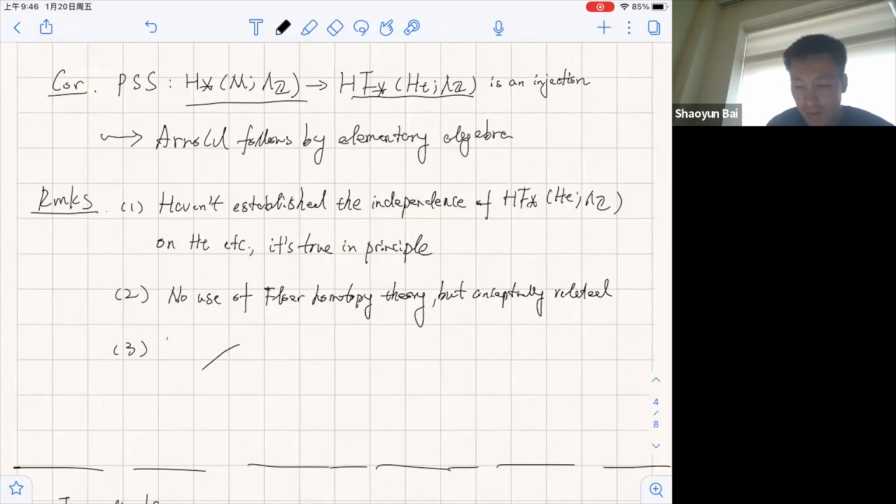And of course, if you drop the spin assumption, the expectation would be we can define this infinity algebra over the ground ring Z mod 2.